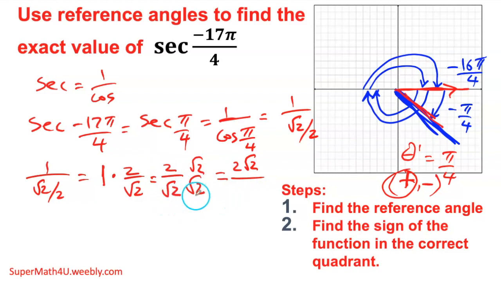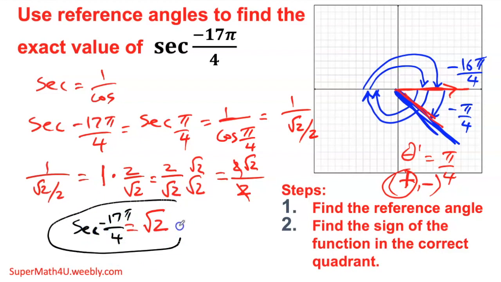And the bottom, 2 times 2 is 4. Square root of 4 is 2. Can I simplify those 2's? Yes. My final answer is square root 2 and it's positive. Therefore, secant of negative 17 pi over 4 is the same as square root of 2.